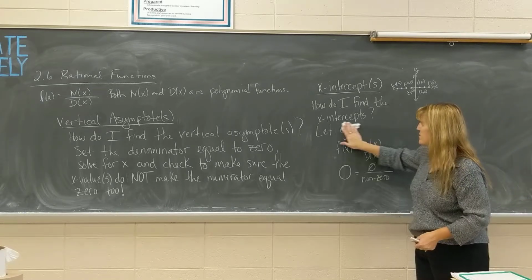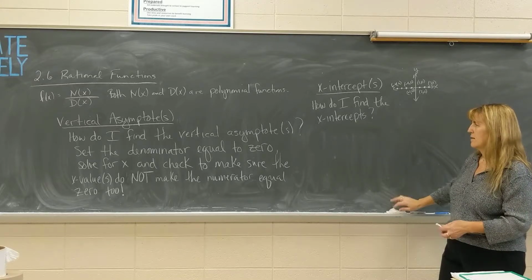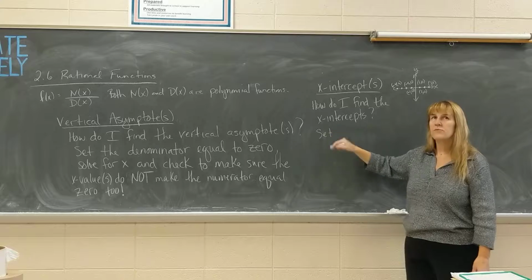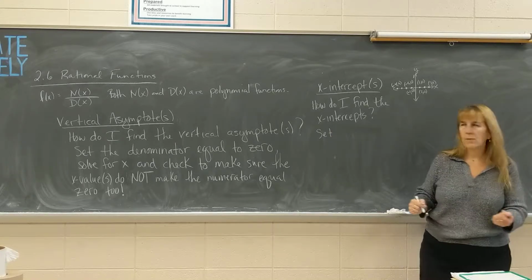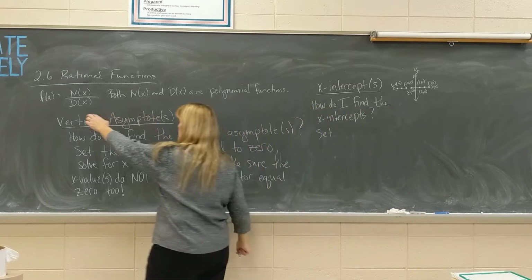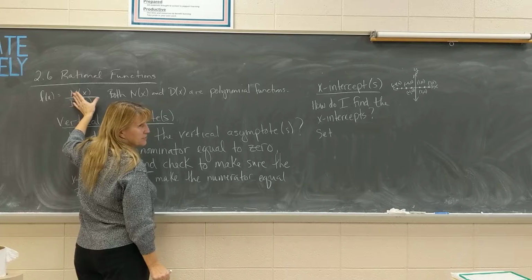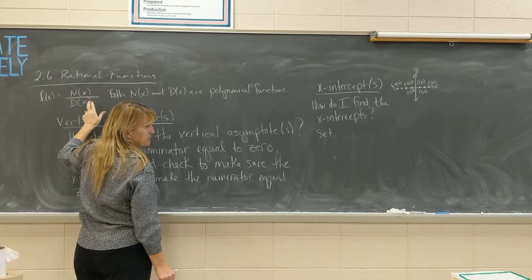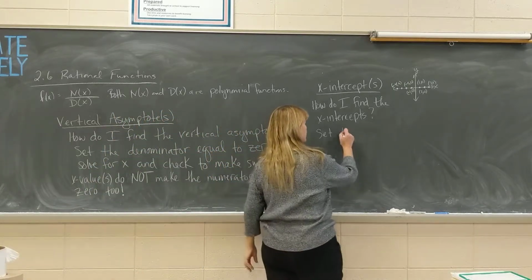How do I find the x-intercepts? What can I say? Let y equal 0. True. We had that on the board a second ago. Let y equal 0. But when y is equal to 0, that'll give me a fractional value equal to 0. And the only way a fractional value can equal 0 is if the numerator equals 0, but not the denominator. So I could set the numerator equal to 0.